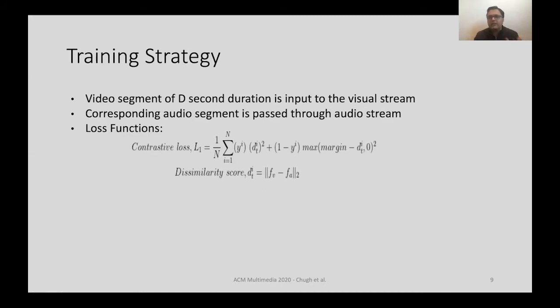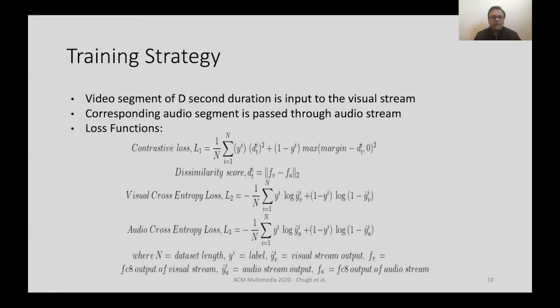Further, to increase the discriminative ability of the features being learned in the audio and visual channels respectively, we add the cross entropy losses. So we add one visual cross entropy loss for the visual channel and an audio cross entropy loss for the audio channel. So the final loss function for the training is a combination of these three losses.